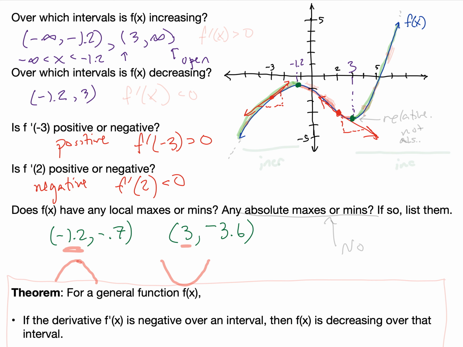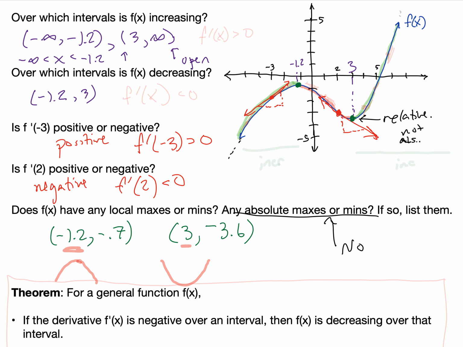What else should we know? Oh, okay, we were also asked if there were any absolute maxes and mins. The answer there is no. We do not see any absolute maxes or mins. For example, this is relative, but not absolute, because there are values less than it, as this keeps going down.